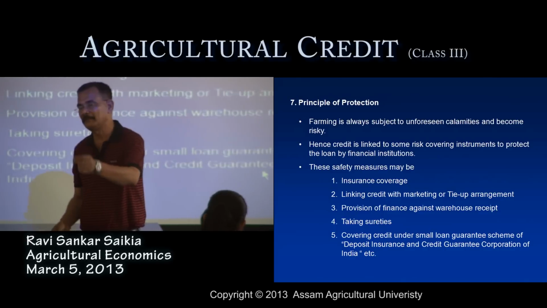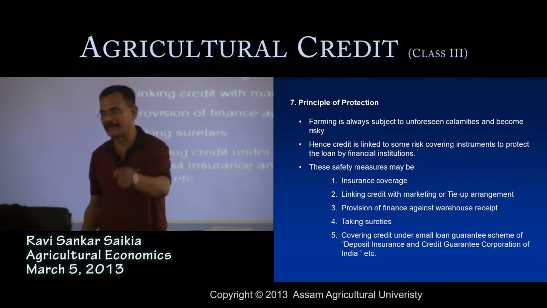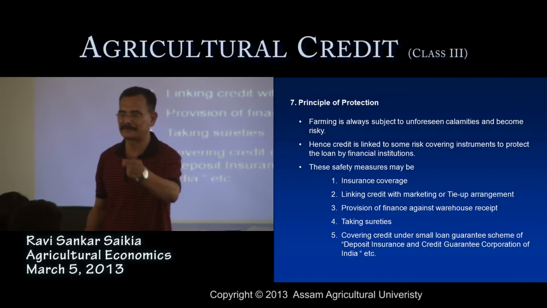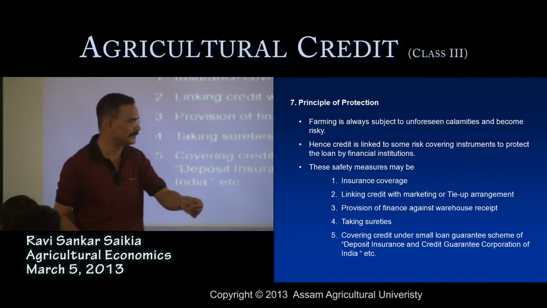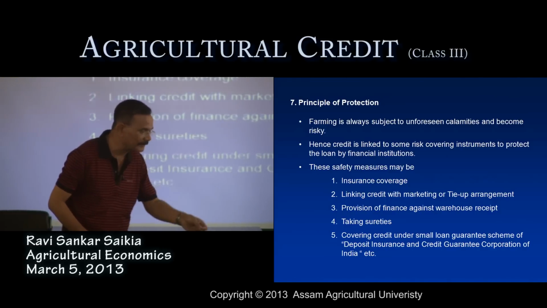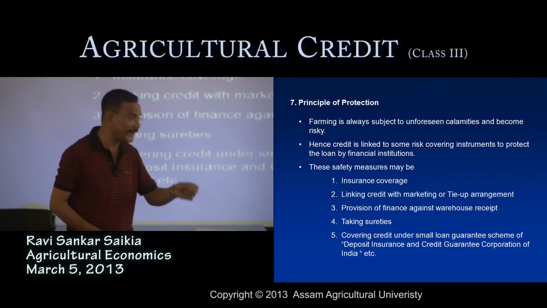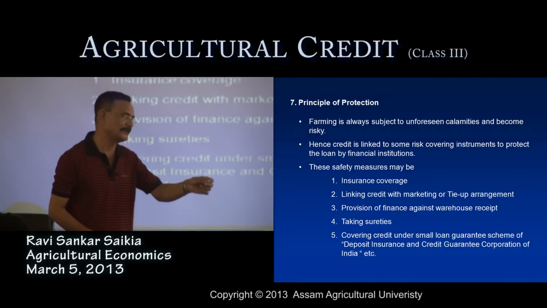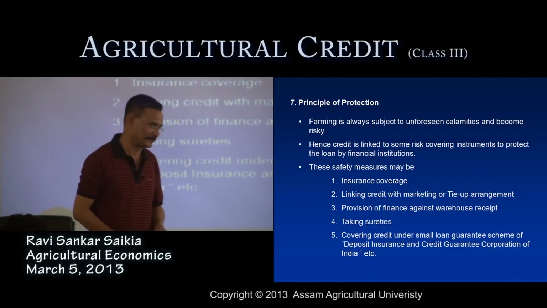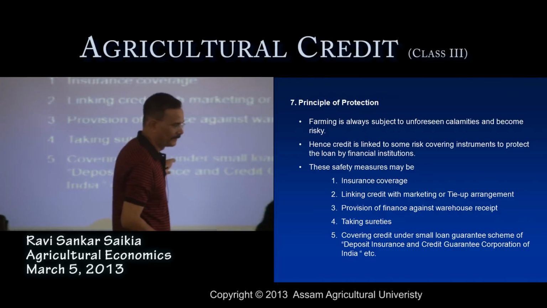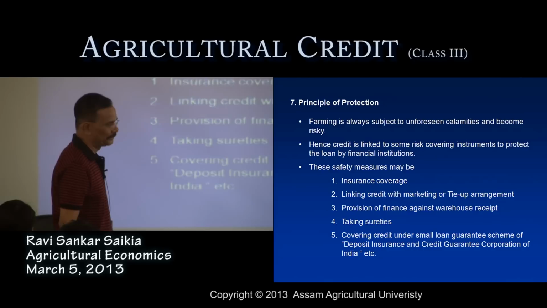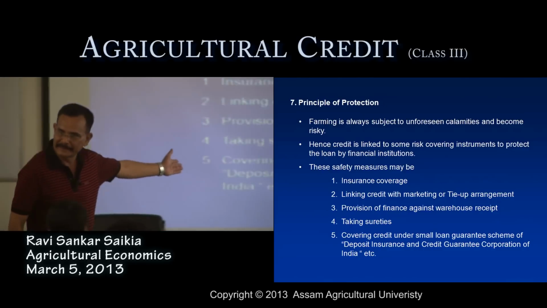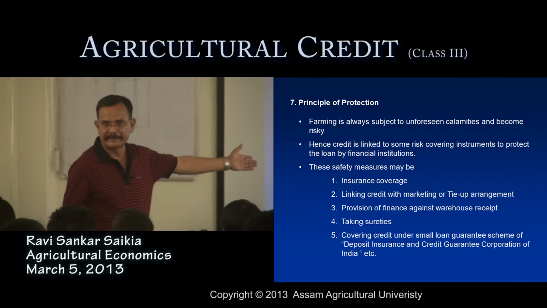Against the value of the commodity mentioned in the warehouse receipt, they may take 70 to 80% of the total value as a fresh loan from the bank for future or better investment. Okay, this is a valid receipt. All these things. Then taking the sureties. Sureties are generally taken as a guarantor or in other ways.